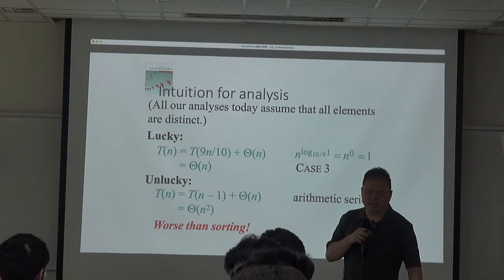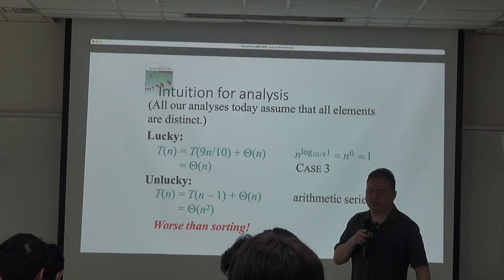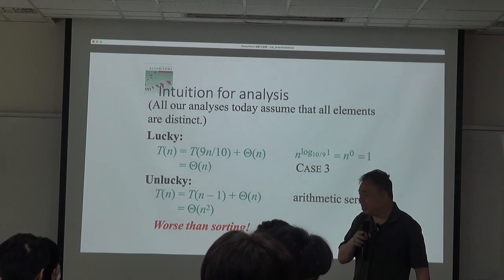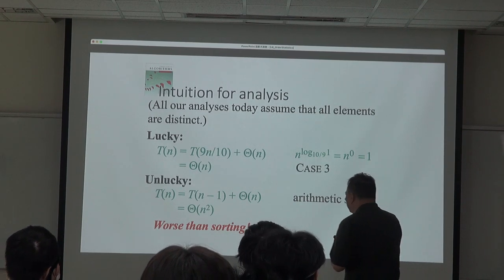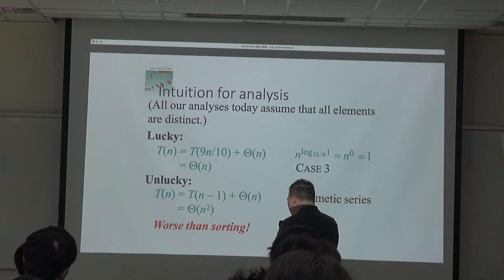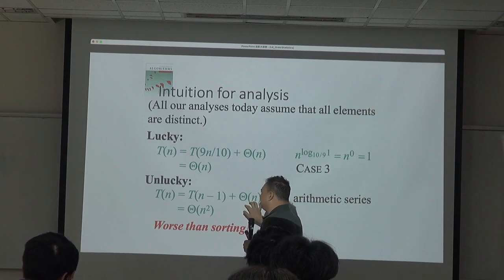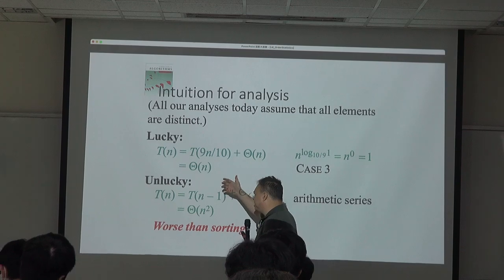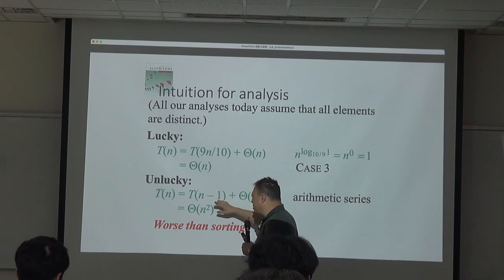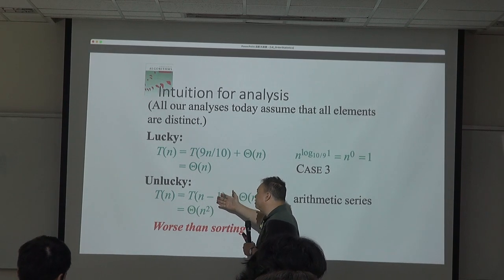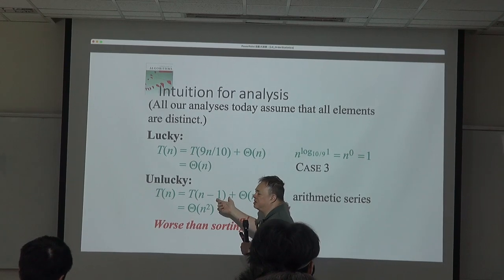Is that possible? Yes, that's possible, but that's really, really bad. You are really, really unlucky. So it's going to be Tn equal to Tn minus 1 plus theta n. Basically, every time you are only able to get rid of one number, which is the pivot.